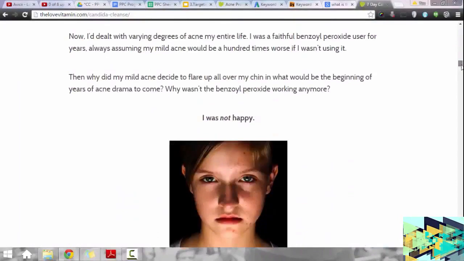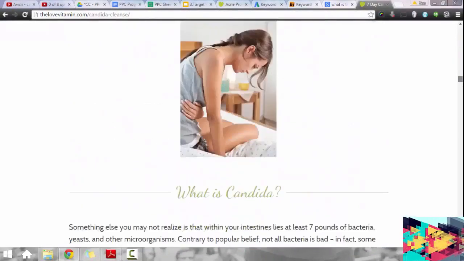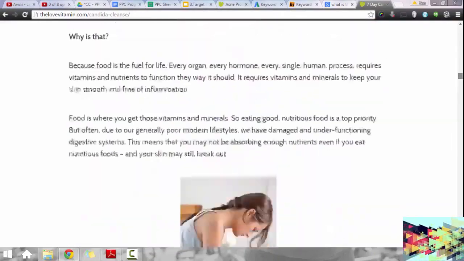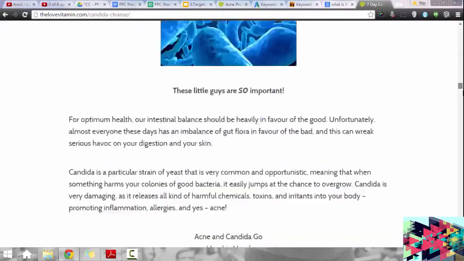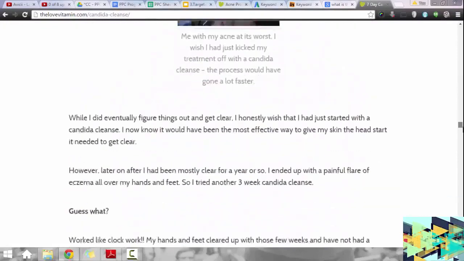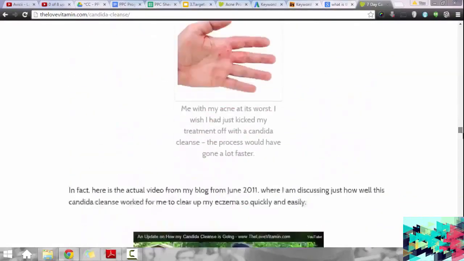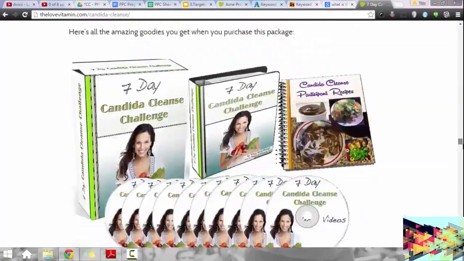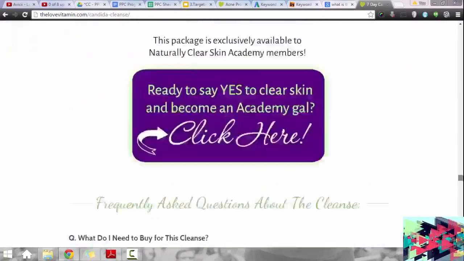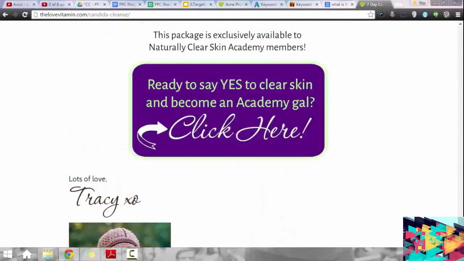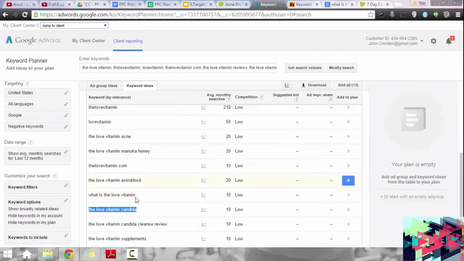Maybe this was a former product. So it looks like this is actually a former sales page that the person was using, because there aren't any, oh, there's one personal picture. And this just looks like an old sales page that she was trying to use. It isn't as well done. But yeah, that's interesting.